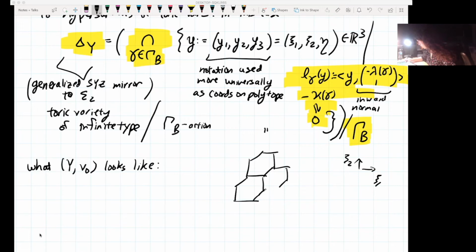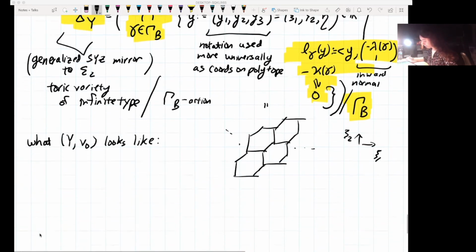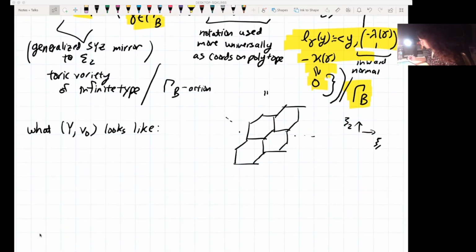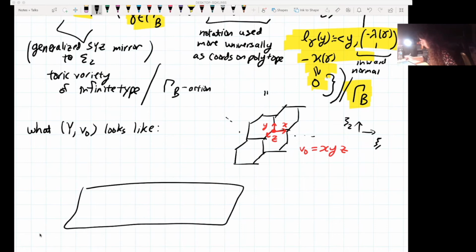Get this. If we call our three directions here P, product of get CP2 blown up at 3 points.